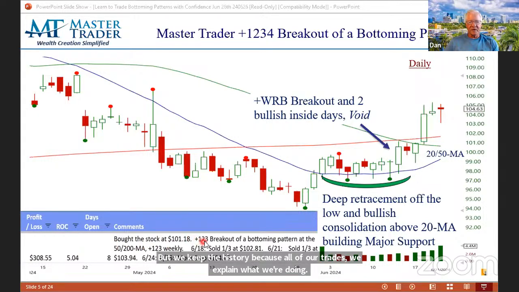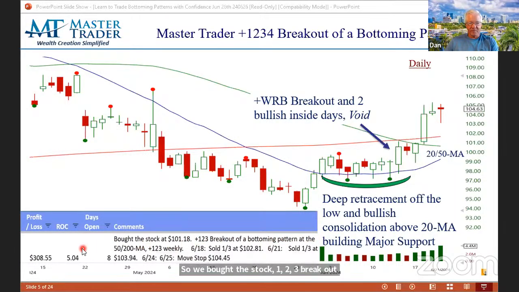So we bought the stock on a 1, 2, 3 breakout of a bottoming pattern at the 50, 200, right there. We had an initial stop. We sell a little into strength. We had an 8-day swing trade. That's what our swing trading is: 2 to 10-day gains, get a high probability setup, manage in between, trail the stop out, and go on to the next trade.